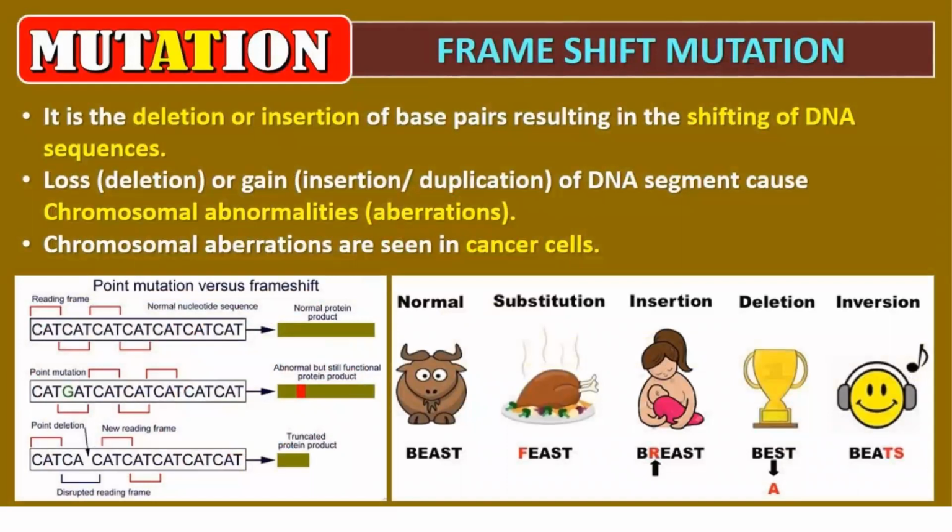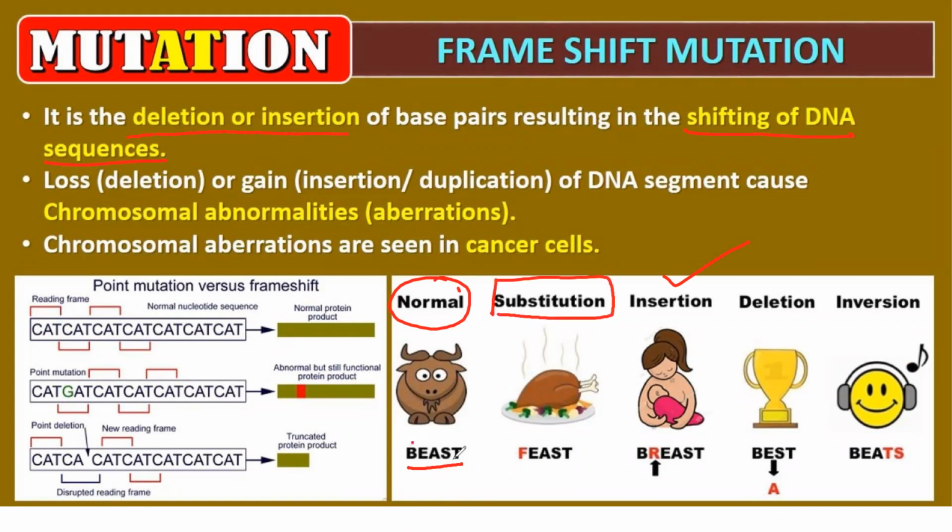Next is the frame shift mutation. Frame shift mutation is the deletion or insertion of a base pair resulting in the shifting of the DNA sequence. Let us learn this with an example. In a normal condition, the word is beast. What if something is substituted?